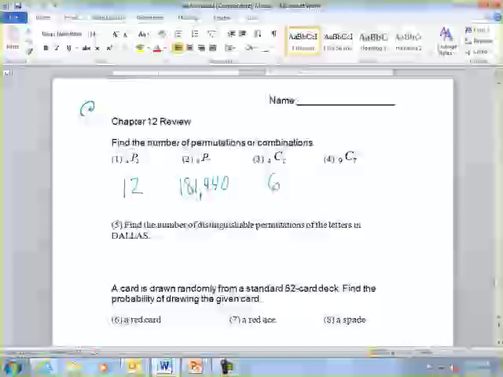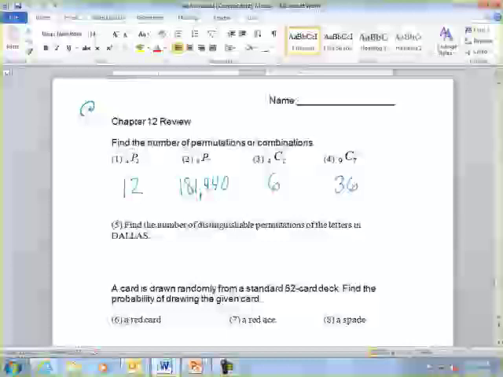We would expect these two combination values to be smaller, and that 9C7 is much smaller than the permutation. In a permutation, the order matters, so AB is different than BA. In a combination, the order does not matter, so those have smaller options.